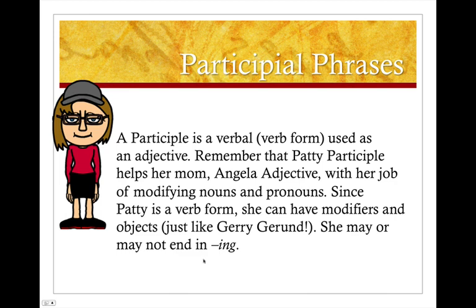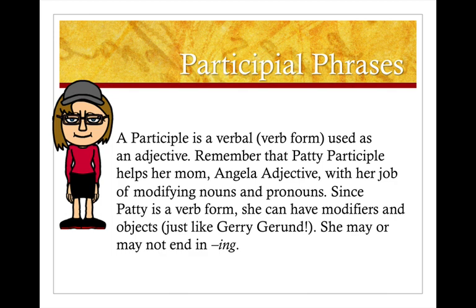Here's Patty participle, a verb form used as an adjective. Patty participle helps her mom, Angela adjective, with her job of modifying nouns and pronouns. Since Patty is a verb form, she can have modifiers and objects just like Jerry Gerund. She may or may not end in ing, and that's how she's different than her half-brother Jerry.